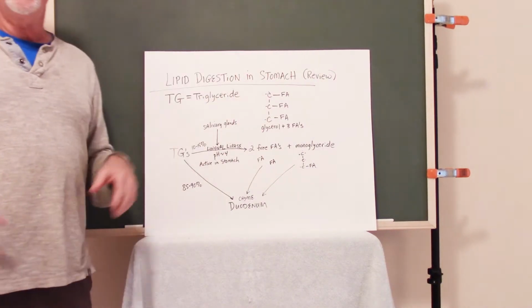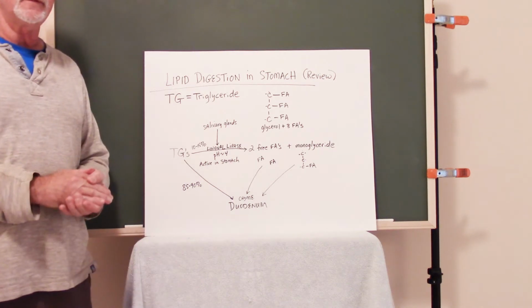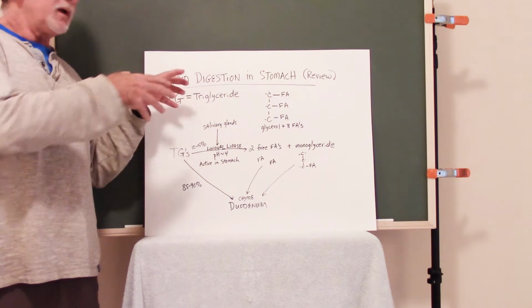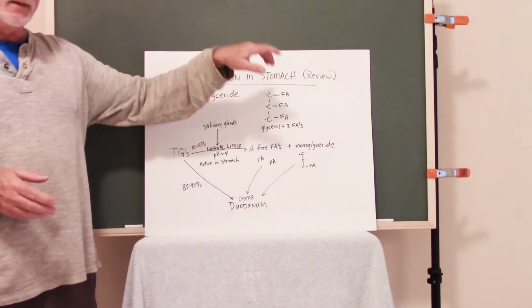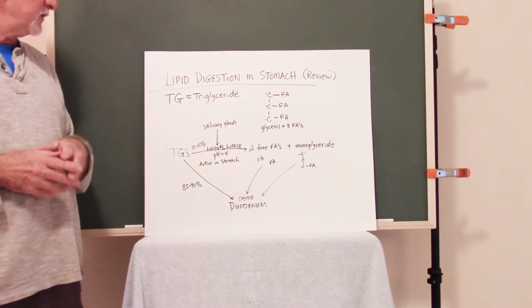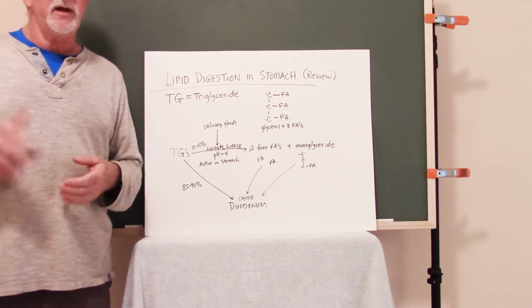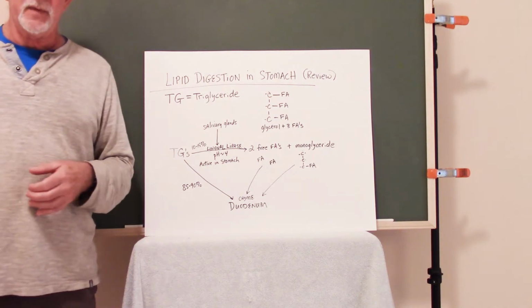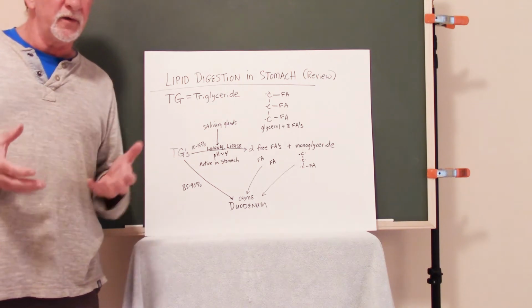Let's move on to lipid digestion, and just to step back and review lipid digestion as it occurs in the stomach. So TG is my abbreviation for a triglyceride, and triglyceride molecules are fats and oils.